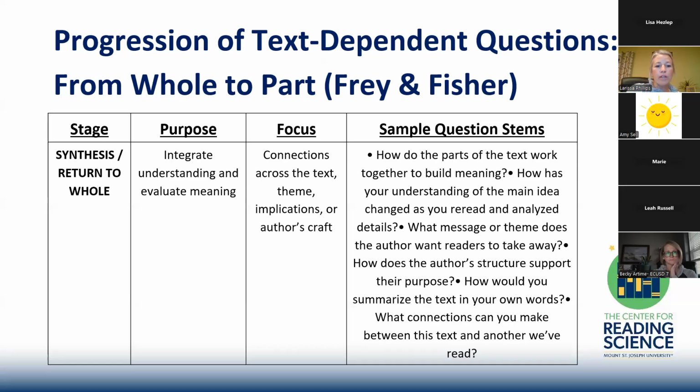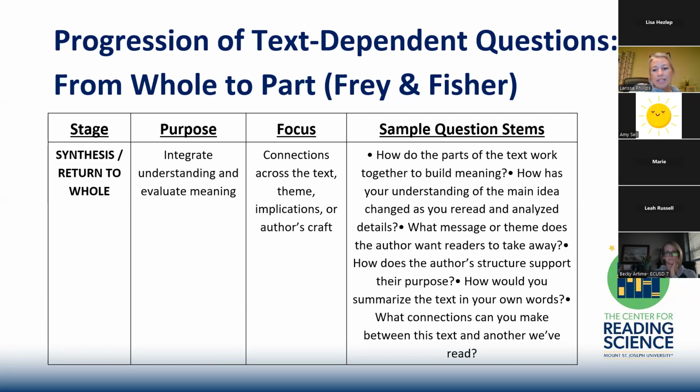So this might bring connections across the text or other texts that students have read, themes, implications, or even be looking at the author's craft when they were writing that text. So here are some sample question stems that we might ask students at this stage. How do the parts of the text work together to build meaning? How has your understanding of the main idea changed as you reread and analyzed details? And so on.